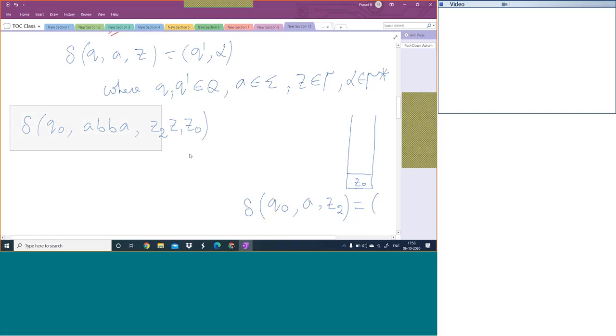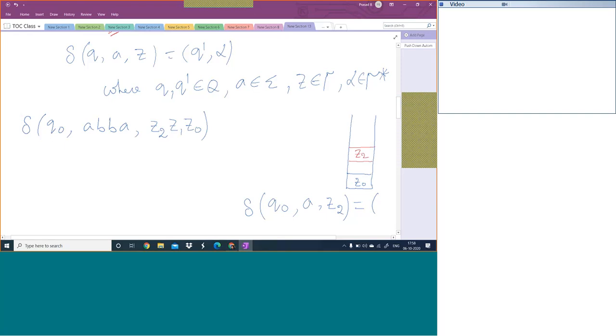Suppose at present this is the situation. The machine is in Q0 here, and the string is ABBA, and the symbols in the stack are Z2, Z1, Z0 from top to bottom.